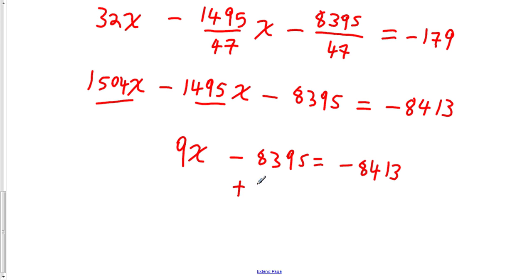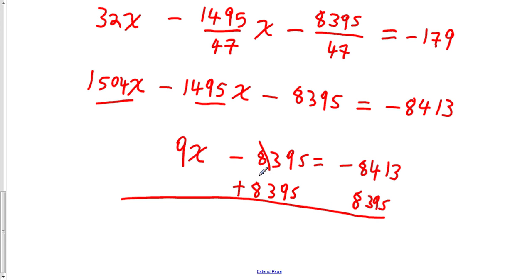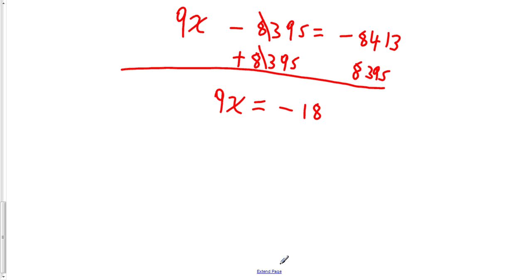And then when I add 8,395 to both sides, on the left side they cancel. I get 9x is equal to, and then on the right side, this sum gives me negative 18. So now I know, because I can divide both sides by 9, that x is equal to negative 2.